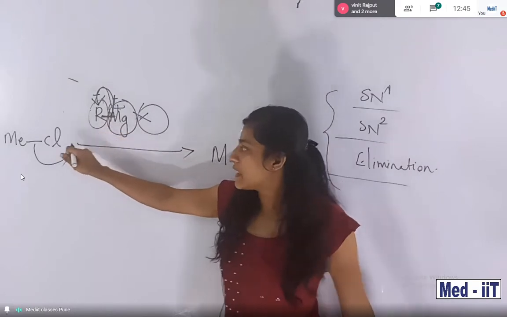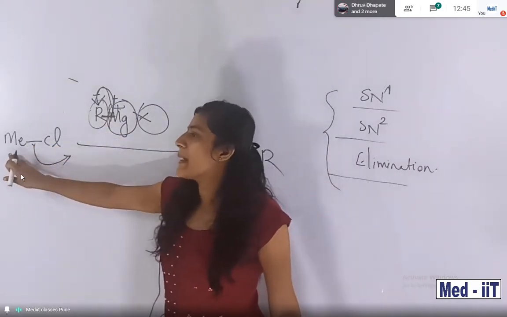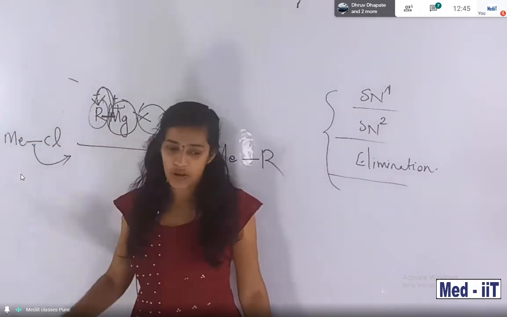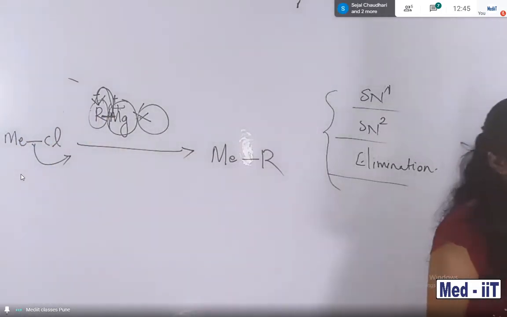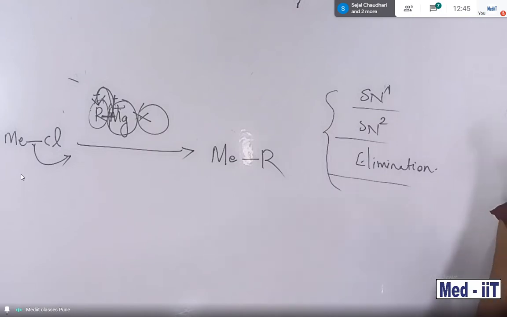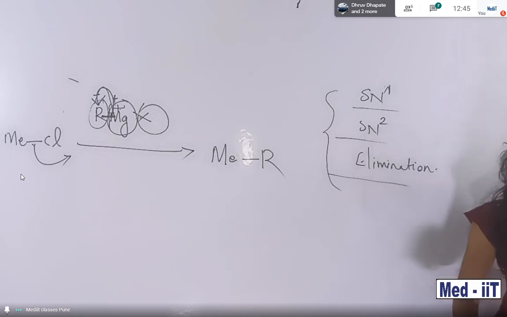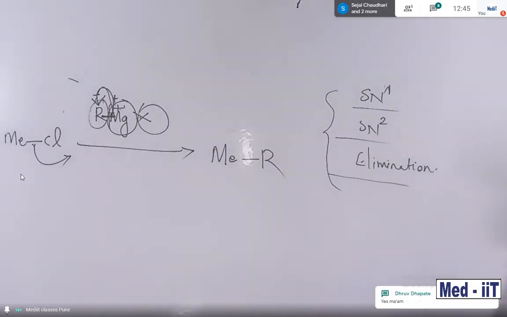So after the removal of Cl minus from MeCl, R minus attacks in the same place. That means nucleophilic attack. Clear? So it becomes like this. Understood or not? Tell me, students. Yes or no? Okay.